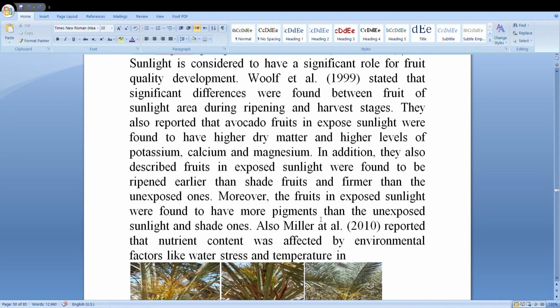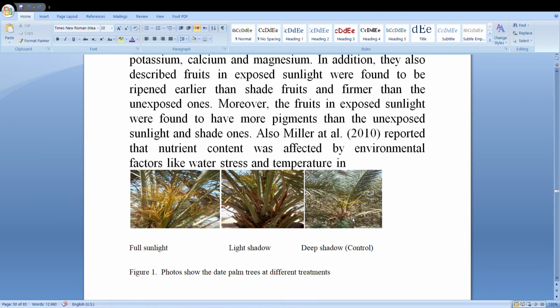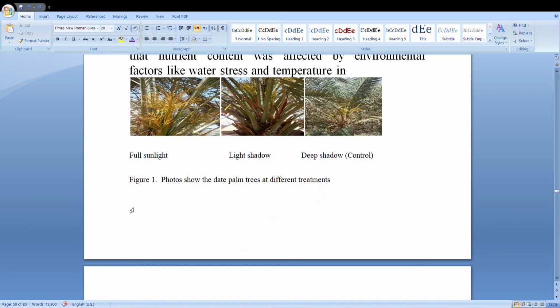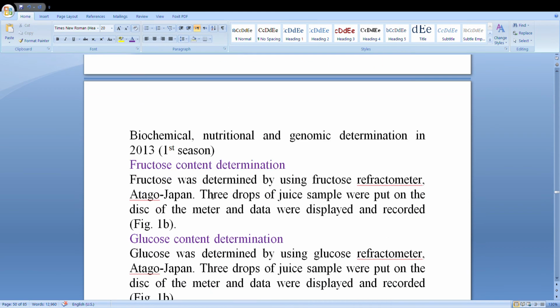They found this data and measured that fruits exposed to sunlight were found to have more pigments than those unexposed and in the shade. This is the shady area, this is the exposed sunlight area. This is the mid sunlight area, a little bit dark. This is more dark inside. Here is the exposed sunlight area: full sunlight, light shadow, and deep shadow. So we can see different types of results there.